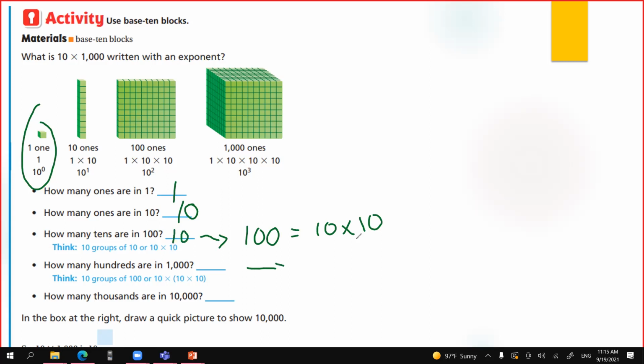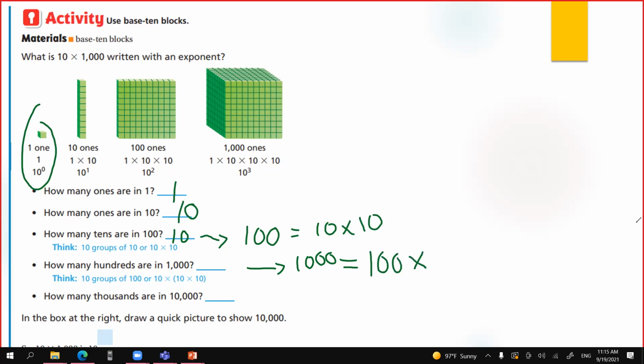Now, for 1000, how many hundreds are in 1000?